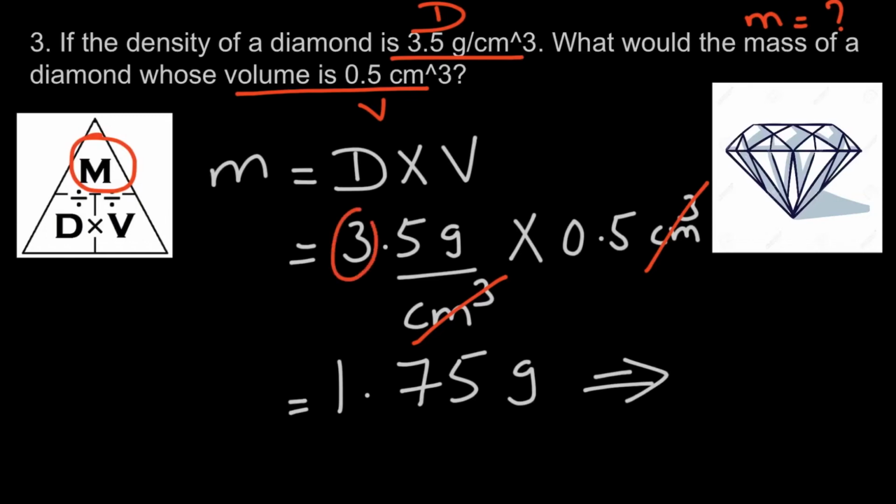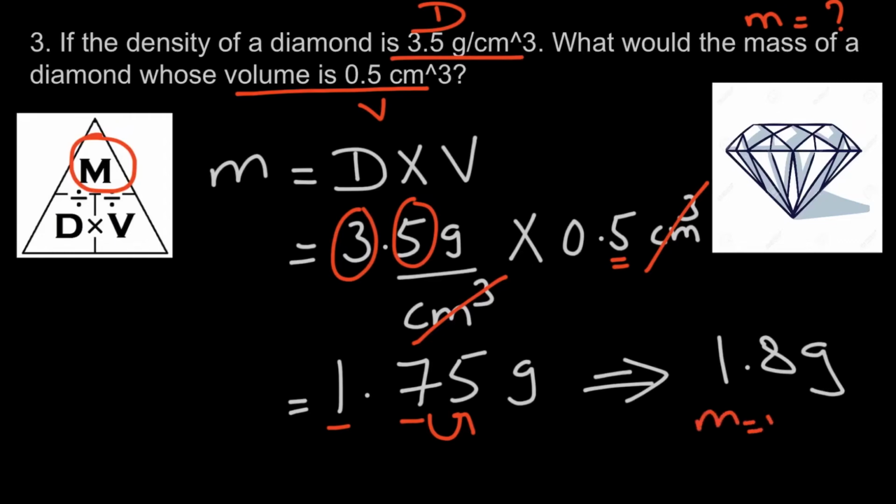Why? Because here we have two significant figures and here we have only one, but we will always go with the highest significant figures. So we keep 1 and 7, then we look at 5. If the number is 5 or bigger than 5, we round up the next number. So we have to round up the 7. So the final answer would be 1.8 grams. So here we now know that the mass of this diamond is 1.8 grams.